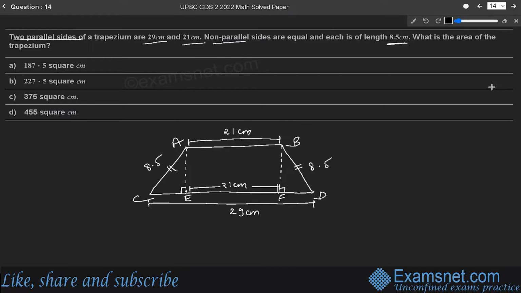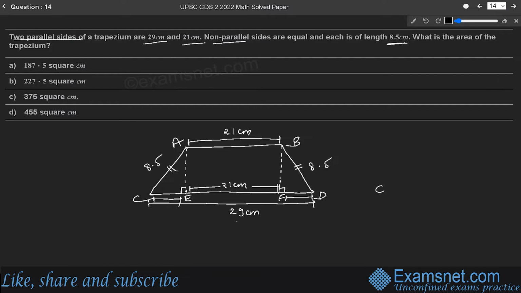Now if we want to find CE and FD, which is this portion, we have to subtract 21 from 29, because when we subtract 21 from 29, then we will get the remaining length of the two triangles. You can see two right angle triangles here, ACE and BFD.